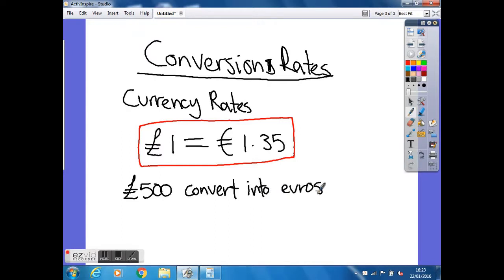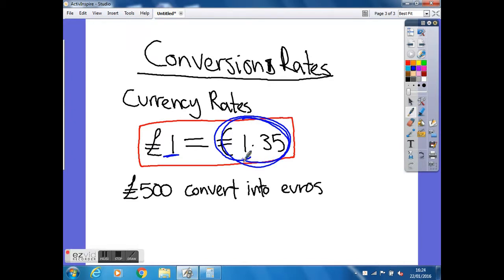With these questions, what's important is the number on the right hand side that isn't equal to 1. You never need the part of the conversion rate that is 1, so £1, and that is the same for any conversion rate you have. You'll always have one of a unit equals a number like I've just highlighted that isn't 1.